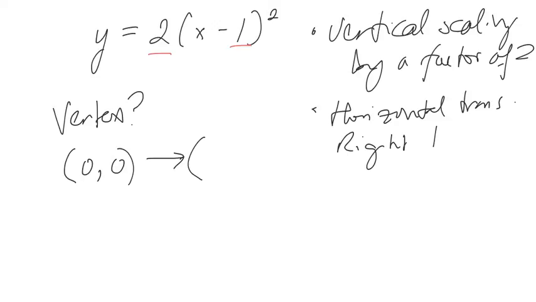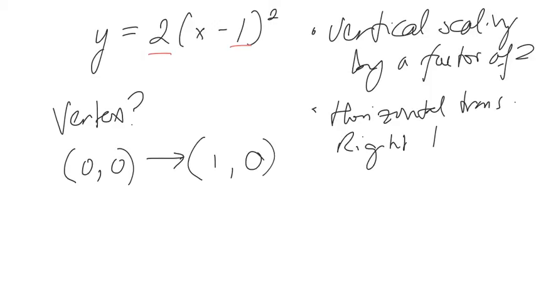Vertical scaling means we take our y value and we multiply it by 2. Well, 0 times 2 is still 0. And then it says horizontal translation right 1. So we're going to move 0, right 1, which will give us 1. So our new vertex is at 1, 0.